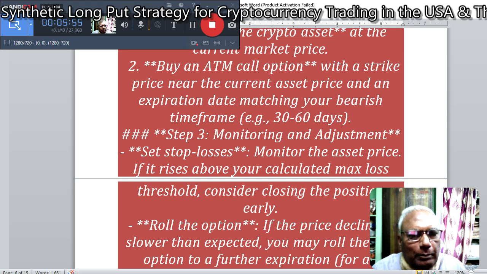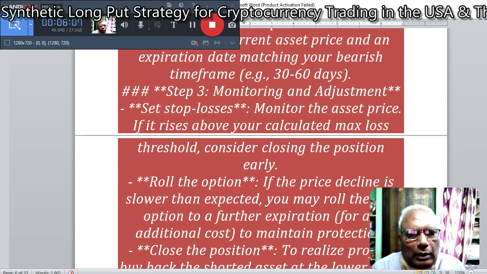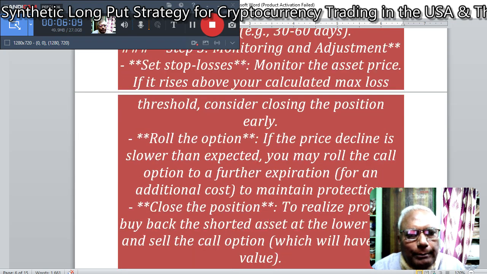Step 3. Monitoring and adjustment. Set stop losses. Monitor the asset price. If it rises above your calculated maximum loss threshold, consider closing the position early. Roll the option.